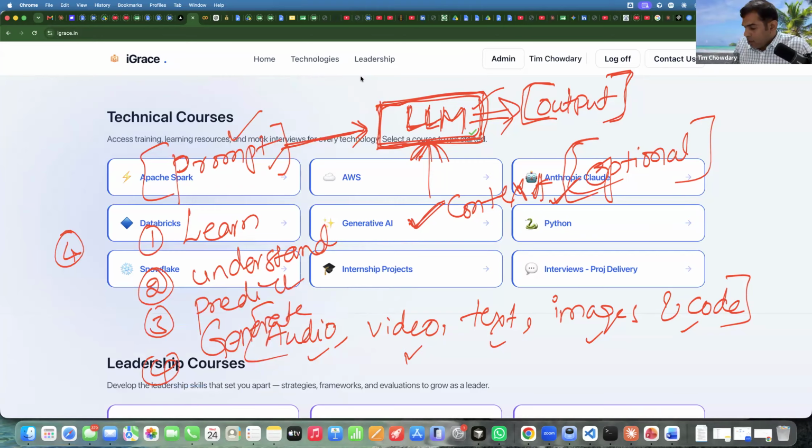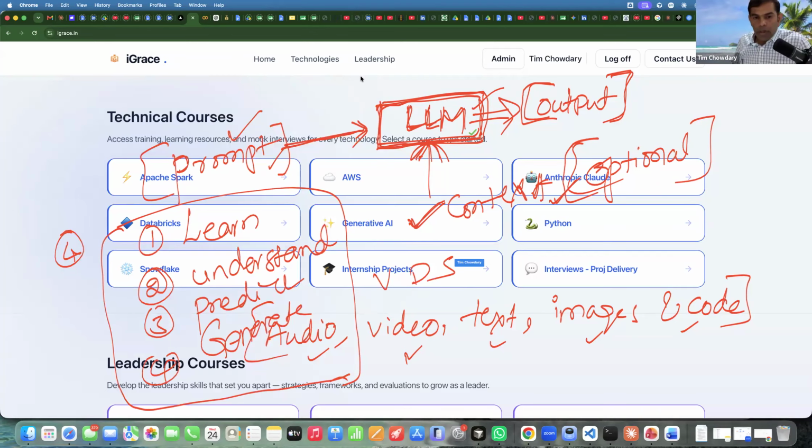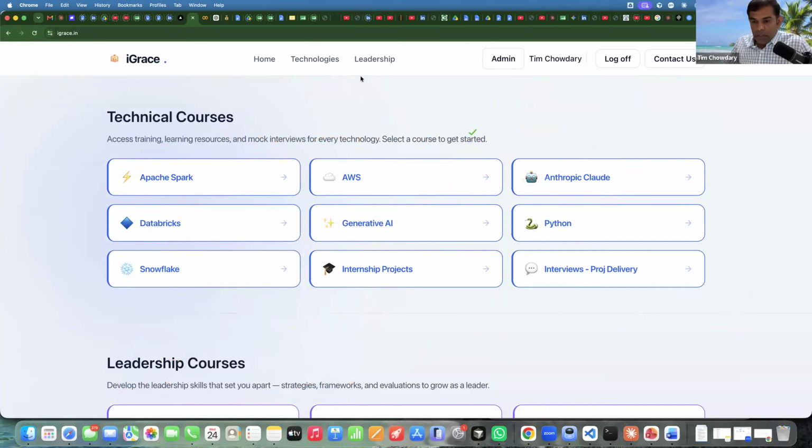Again, we'll go a bit deeper into these when we discuss vector databases. For now, let's assume this is a black box to us. We are giving some input. We are giving some context. Context, in the sense, some background about what we want to generate. Clear so far?